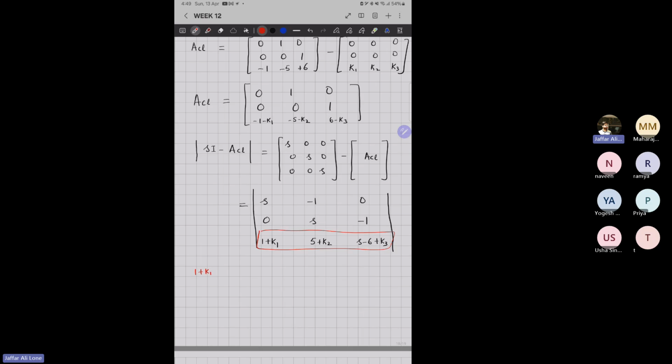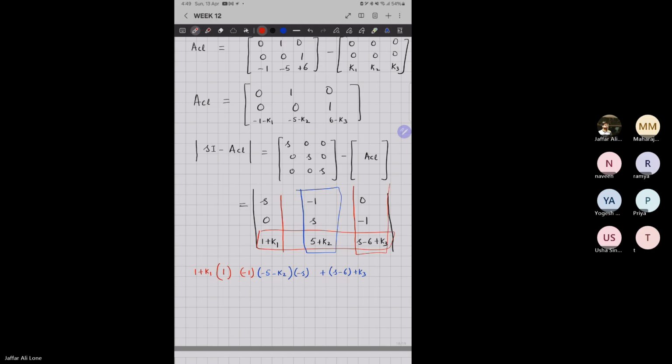It will be 1 plus K1. Then you see this, this. So this will be minus into minus, plus 1. And then this will be minus 0, no need to write. Then minus 1, second term. For my second term, I'll have to write S into minus 1. So my second term is minus 5 minus K2 and S into minus 1, that's minus S. Similarly, my third term is S minus 6 plus K3.